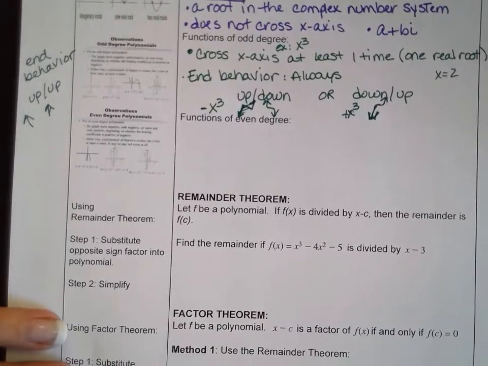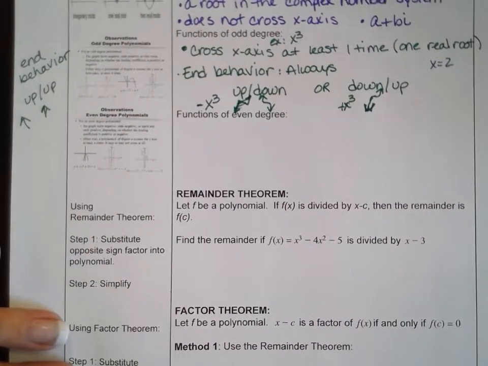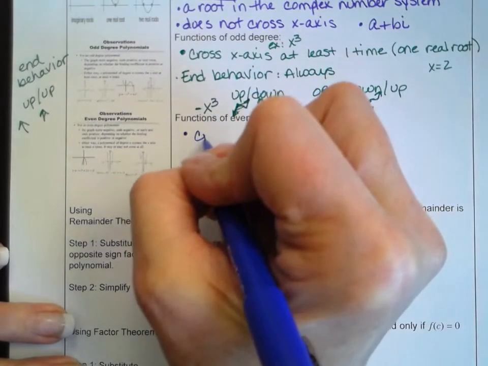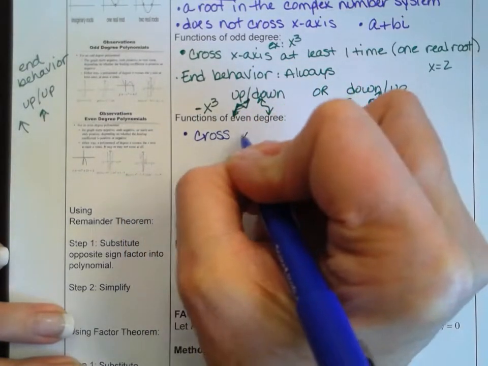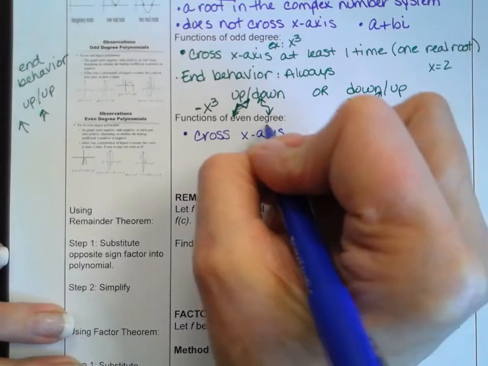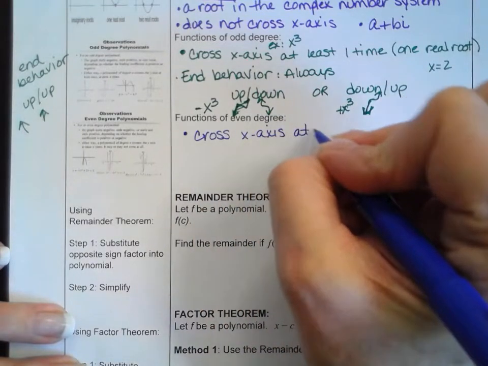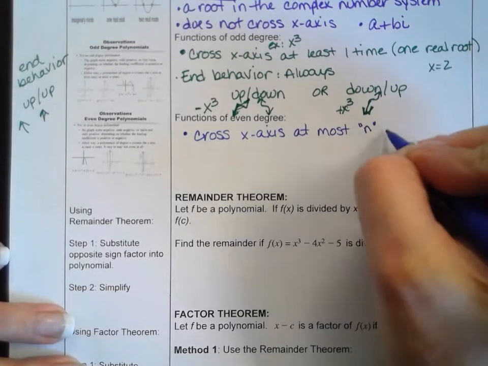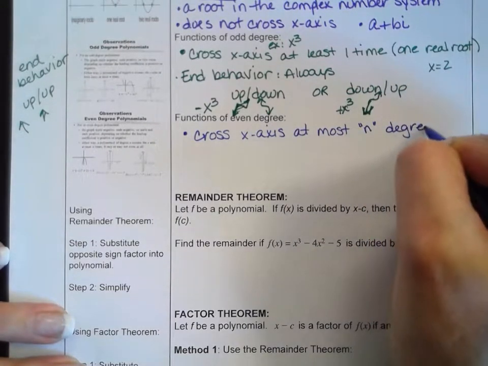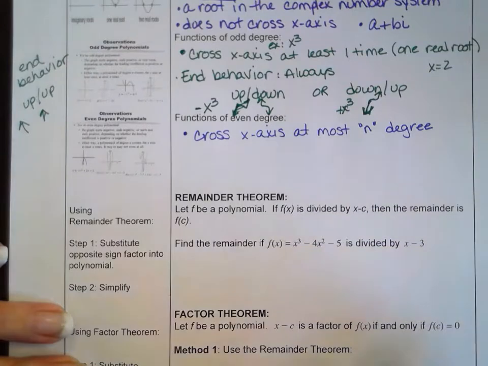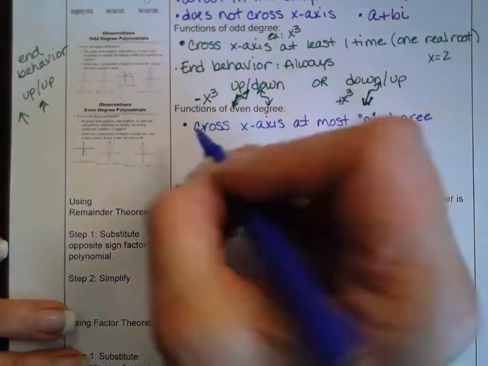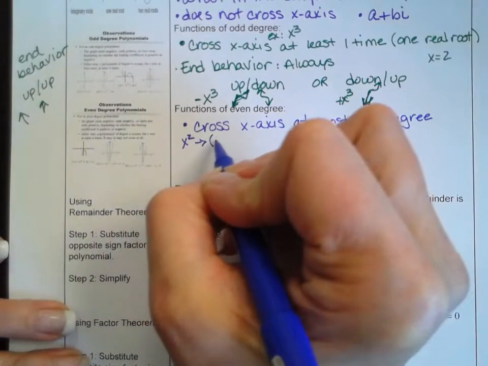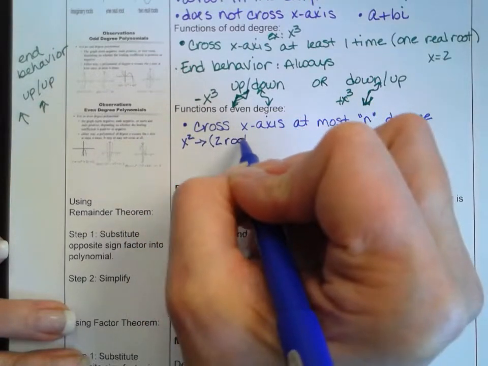All right, functions of even degree. They cross the x-axis at most the nth degree. So if I have x squared, then I'm going to have 2 roots.